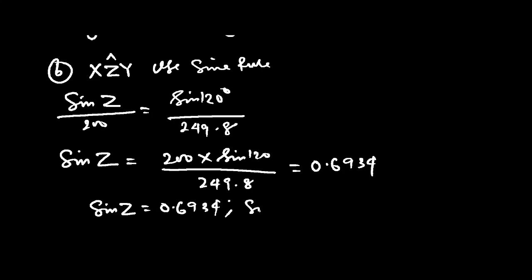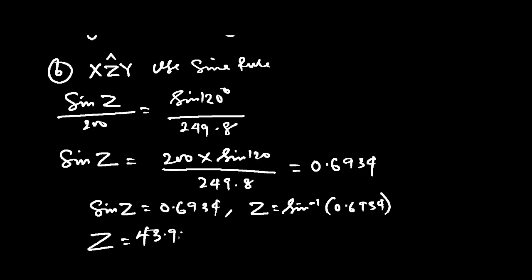So arc sine, so Z is equal to arc sine of 0.6934. So we have that Z is equal to 43.90. So if Z is 43.90 degree, is that the bearing? No. Am I making sense now? That is not the bearing.